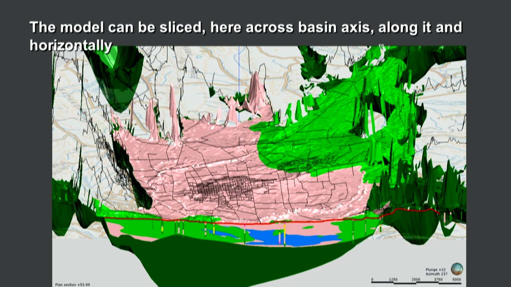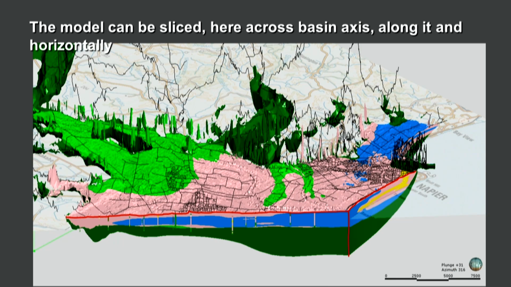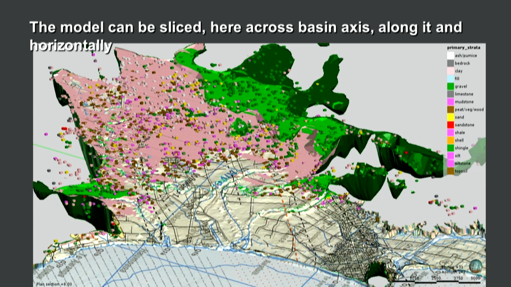So this is basically from Napier to the Tukituki River. We can slice it along. So this is a series of volumes which occupy discrete three-dimensional edges, and we can slice it any way that we like. So we can slice it horizontally as well.